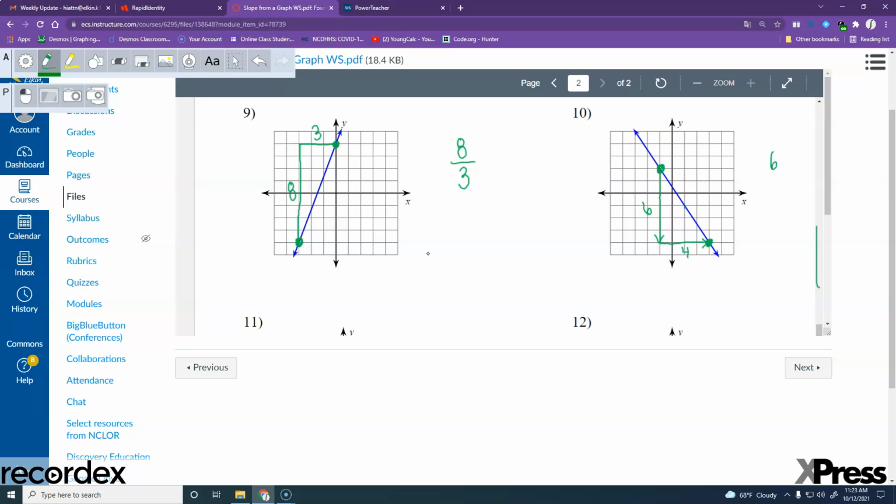So it's 6 over 4, which reduces to 3 over 2. But since the line's decreasing from left to right, it's going down, I know that's got to be negative. So my answer is negative 3 over 2. So you can ignore the signs until the end, but just don't forget to think about that for this, okay? All right, questions?